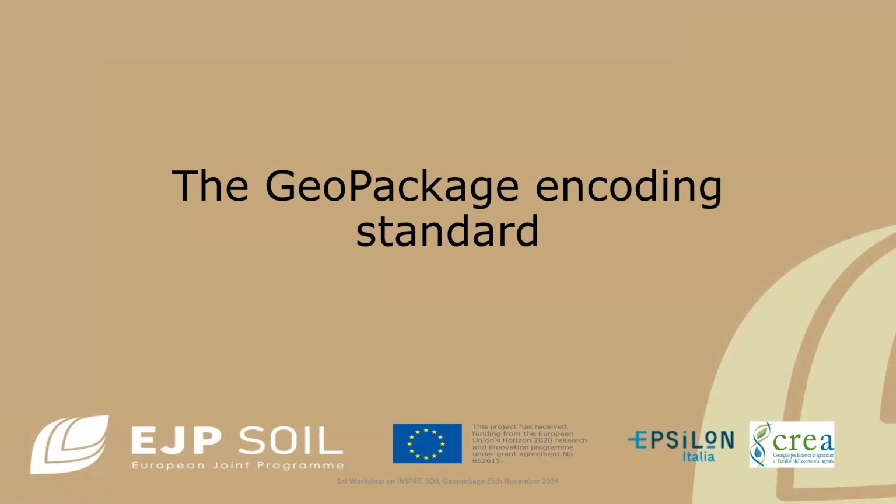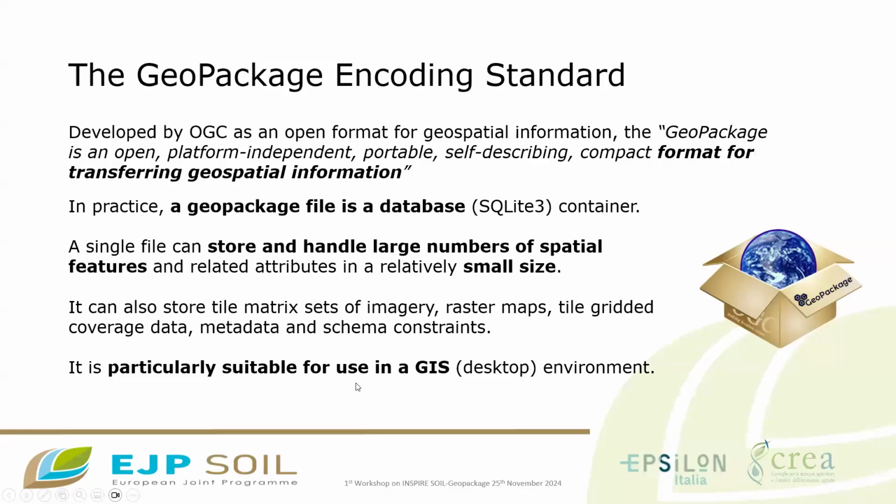Another piece we need to understand now to be able to get what EJP SOIL did is the GeoPackage, the GeoPackage encoding standard. This is a standard developed by OGC. It's more recent with respect to other standards.